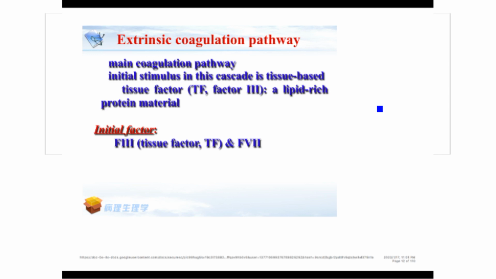So factor 3, the tissue factor, together with factor 7, will activate factor 10. Then activated factor 10 will convert prothrombin into thrombin, and thrombin will take factor 1, the fibrinogen, and convert it into fibrin. So the coagulation factors involved in the extrinsic pathway are the tissue factor, factor 7, and factor 10. So that is it.